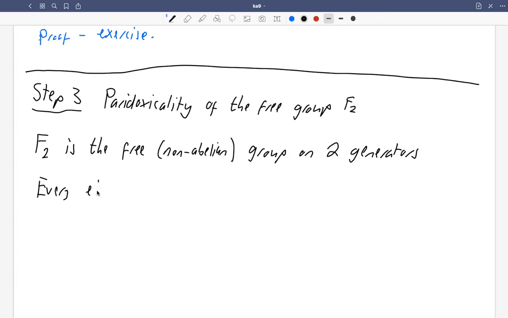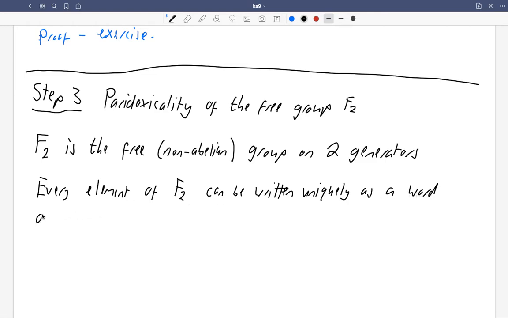So every element of F2 can be written uniquely as a word. That's just a sequence of letters over the alphabet.